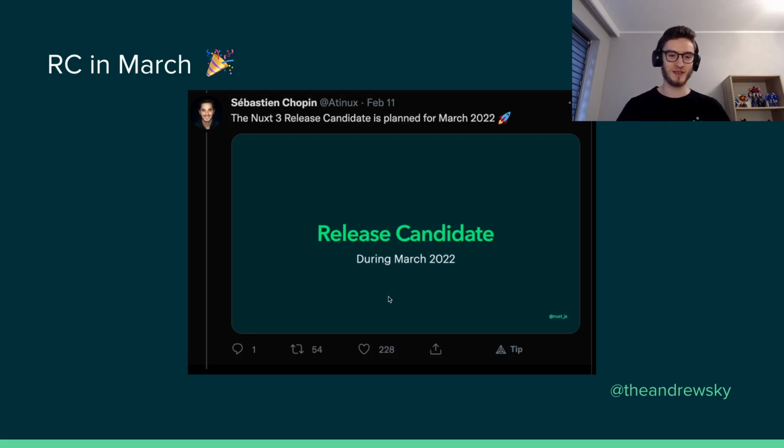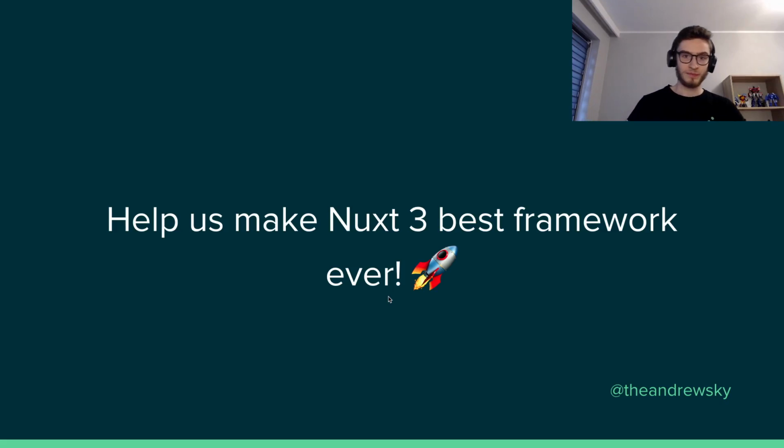The Nuxt core team is doing their best to deliver the Nuxt 3 release candidate as fast as possible, but it takes a lot of work. However, we can help them, because we all can make Nuxt 3 the best framework ever.